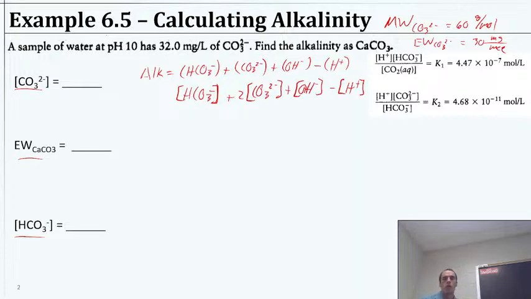We should already know the OH minus and the H plus, so we could go ahead and get those out of the way. The H plus should be 10 to the minus 10, because we are at pH 10. We should also be able to find that the OH minus should be 10 to the minus 4. That's because the total of the pH plus the pOH is going to add to 14.